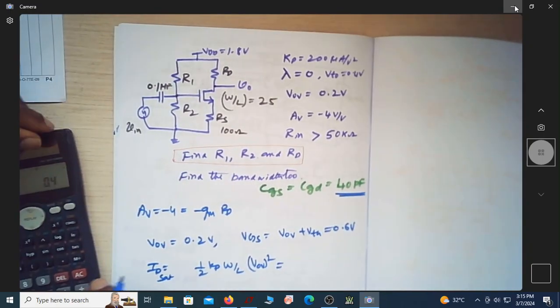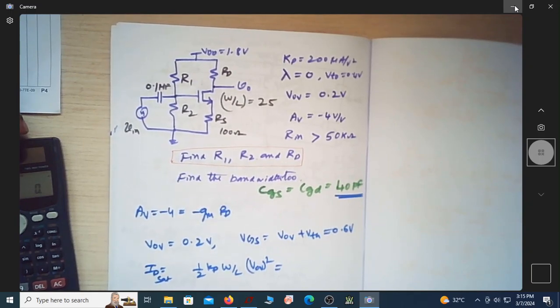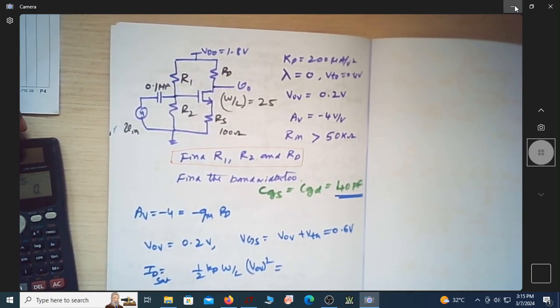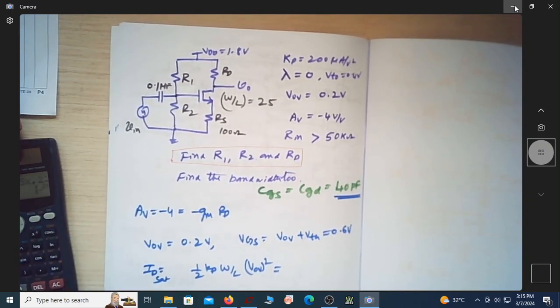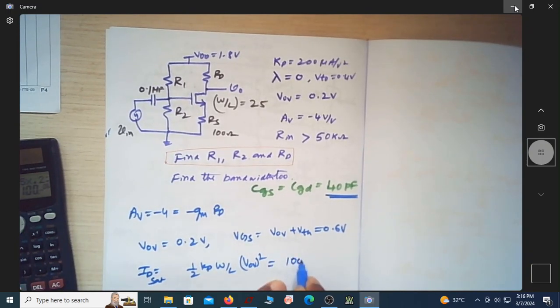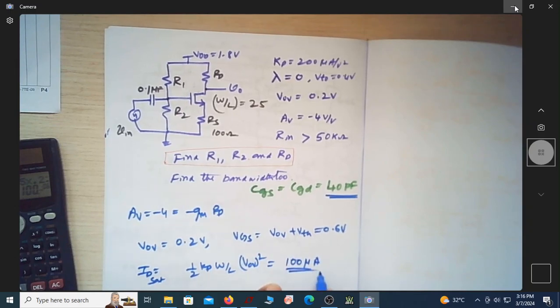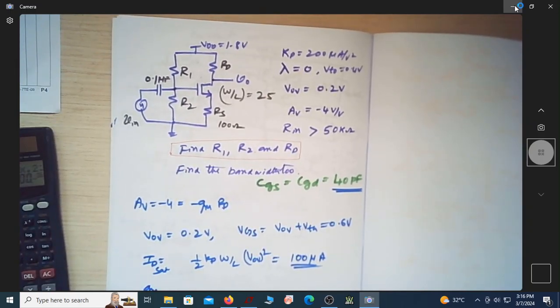So this comes out to be 100 into 10 to the power minus 6 into W by L is 25 into 0.2 whole square. 0.2 whole square. So current is 100 microampere. This is my ID. So once you know ID, I can find GM. So what is GM?